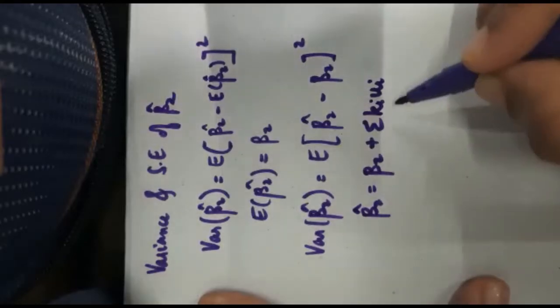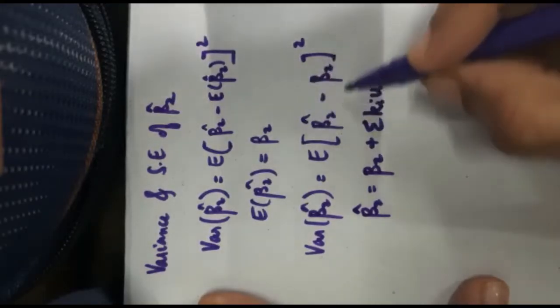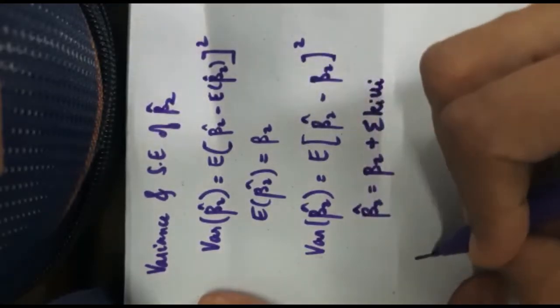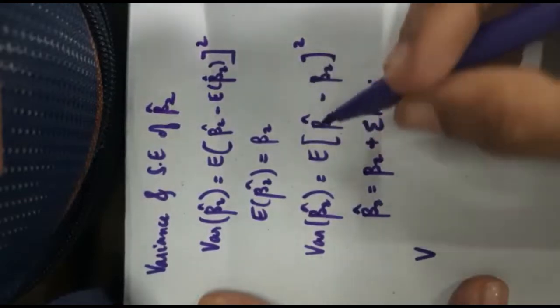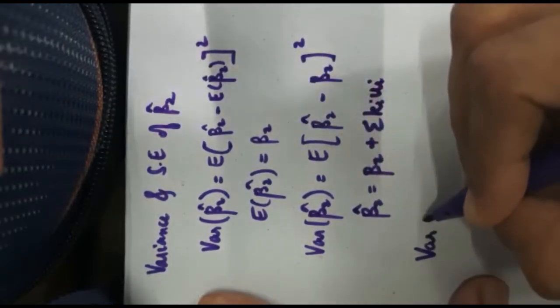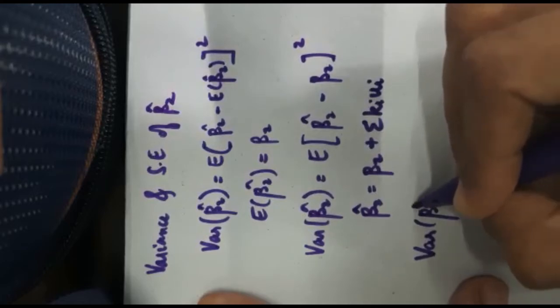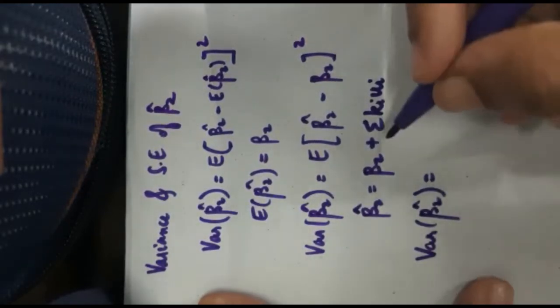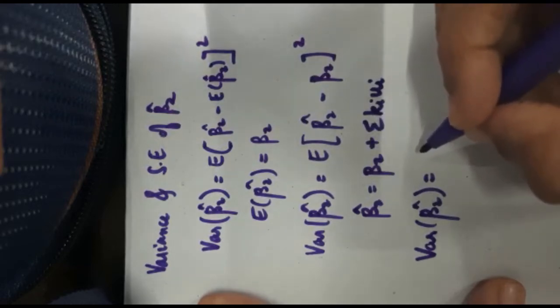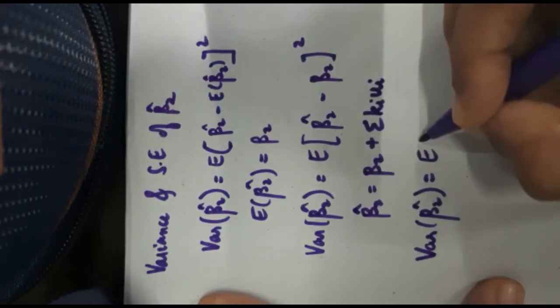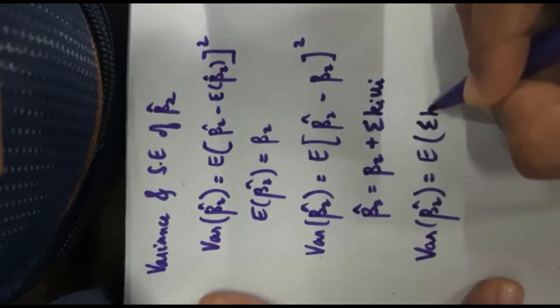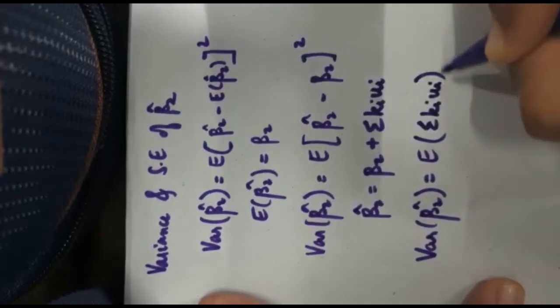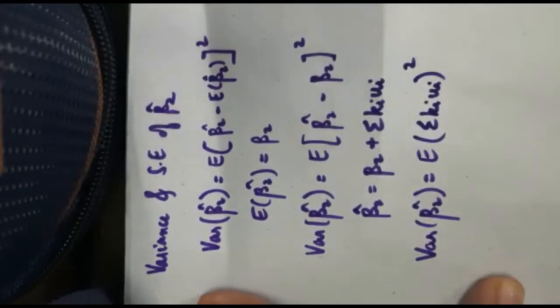So I'm using this relationship to substitute this term. So I'm writing variance of beta 2 hat is equal to expectation of summation ki ui whole squared.